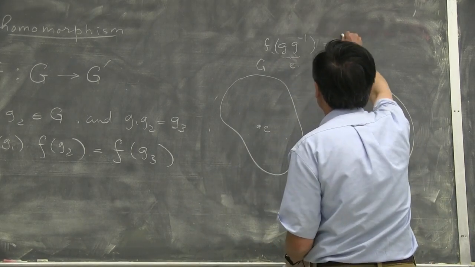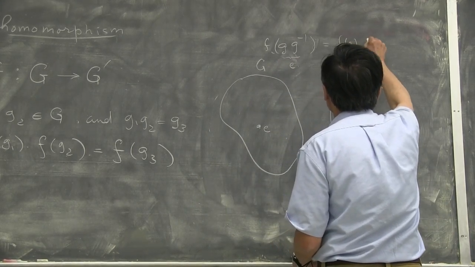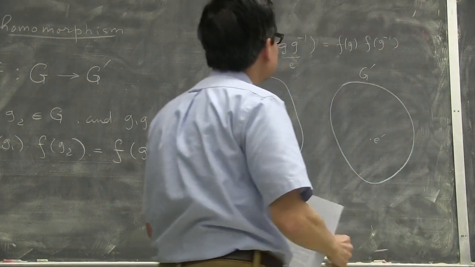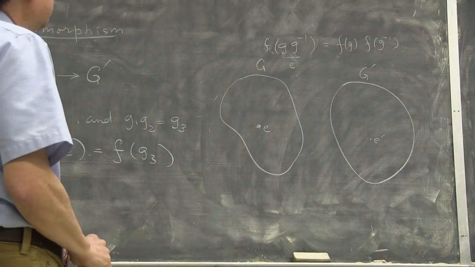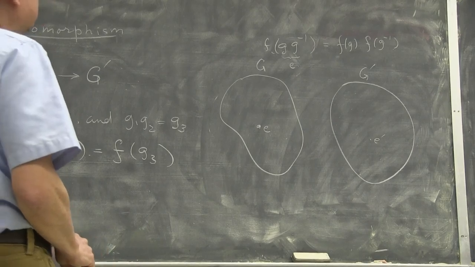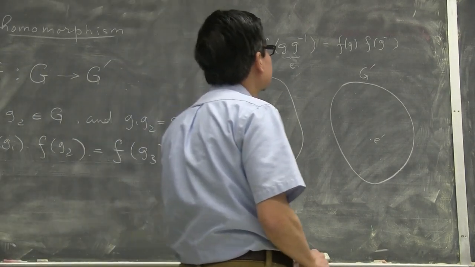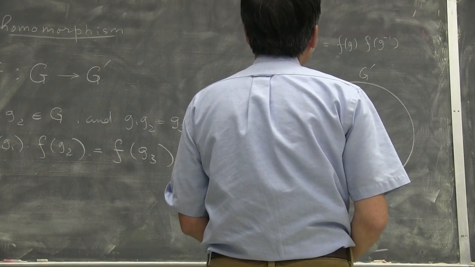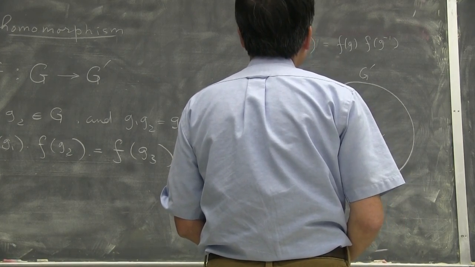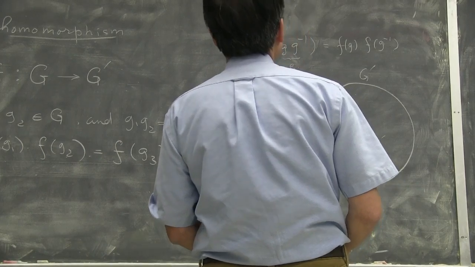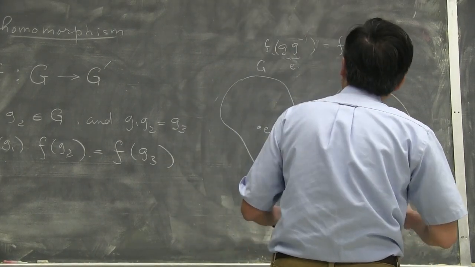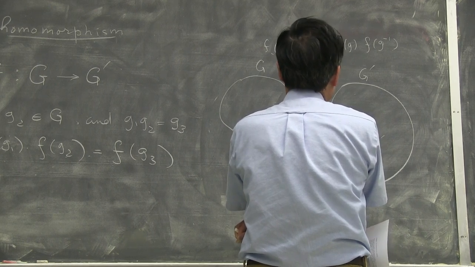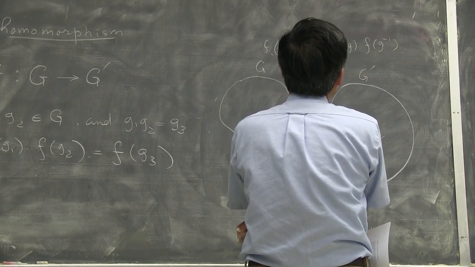So this gets mapped to f(g) times f of g inverse. What is that equal to? I'm trying to say that this is always e prime.